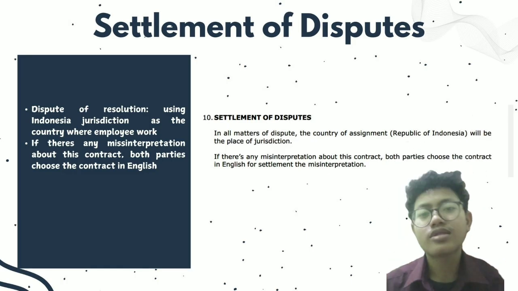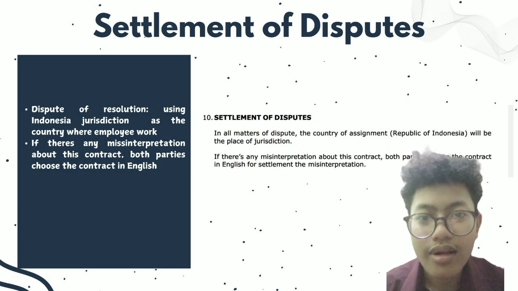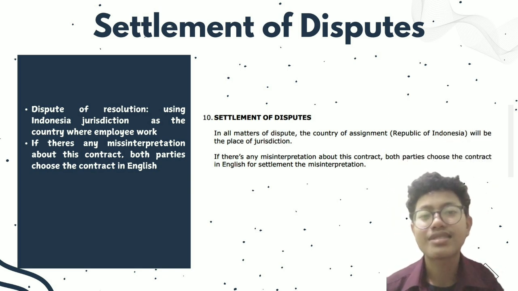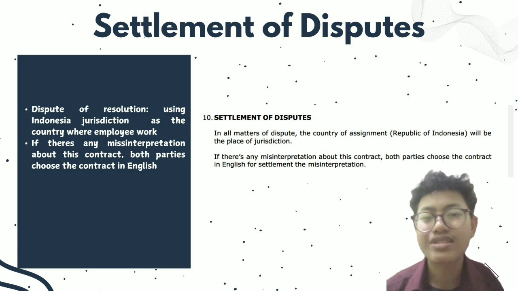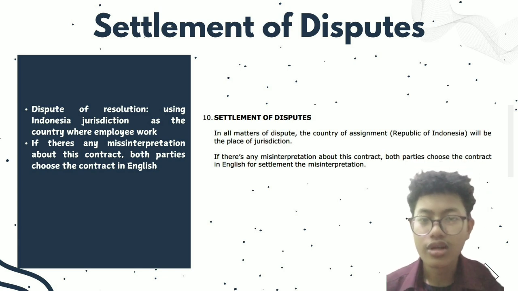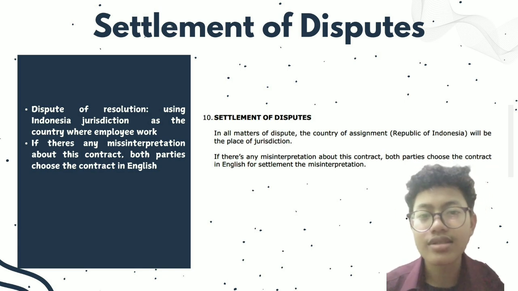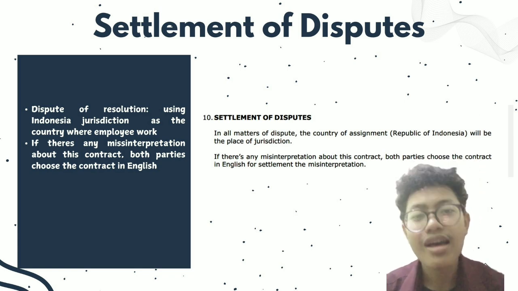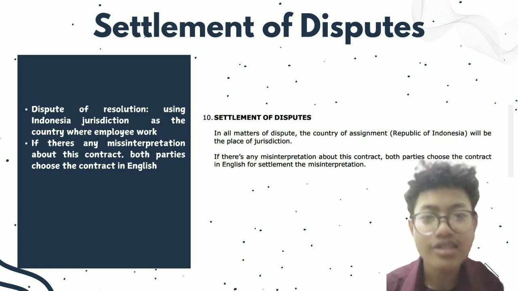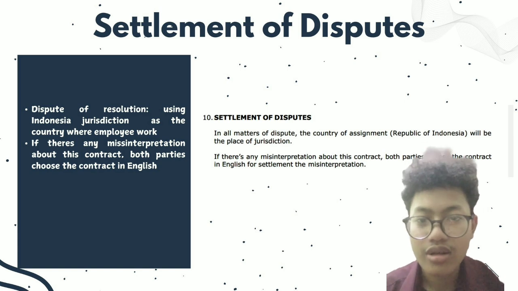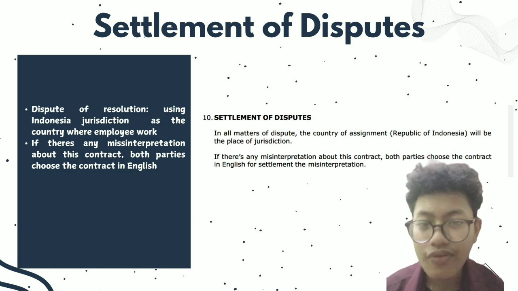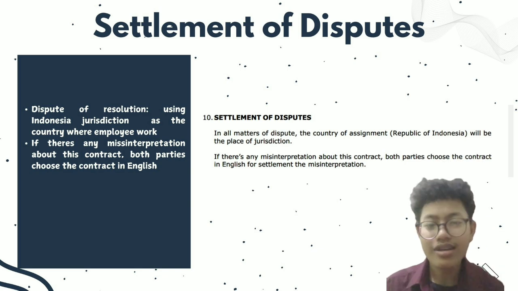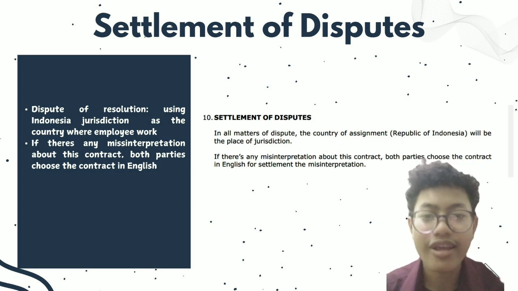And the last of the points is point 10. Point 10 explains the applicable law for resolving disputes. This contract specifies that the jurisdiction for dispute resolution is Indonesian jurisdiction, and to prevent misinterpretation, the contract is written in the English language.